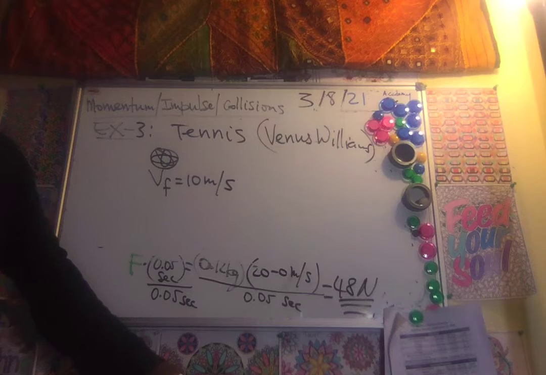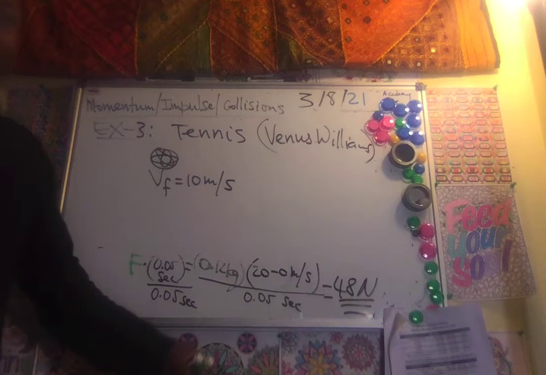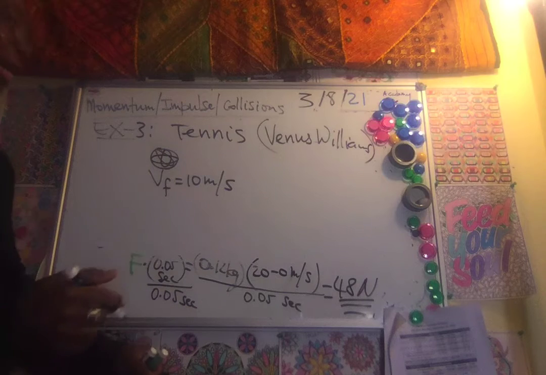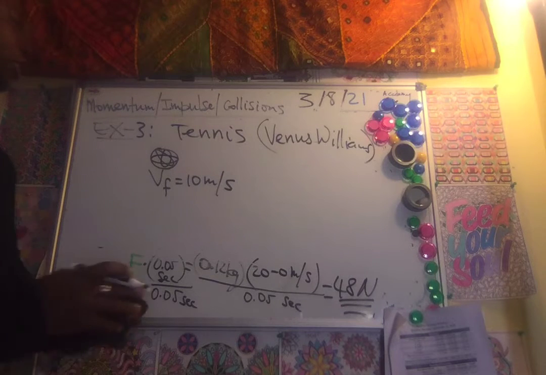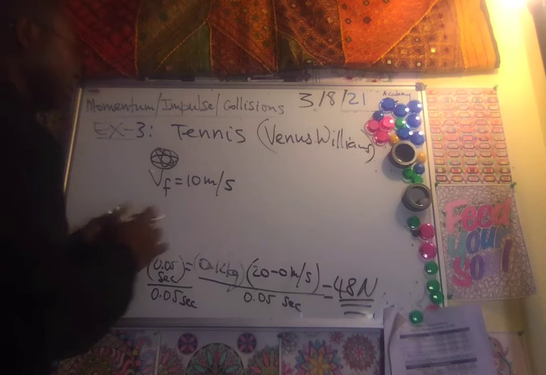Venus Williams smacked the tennis ball and sent it with a velocity of 10 meters per second. The ball leaves her racket. No, let's change it a little bit.